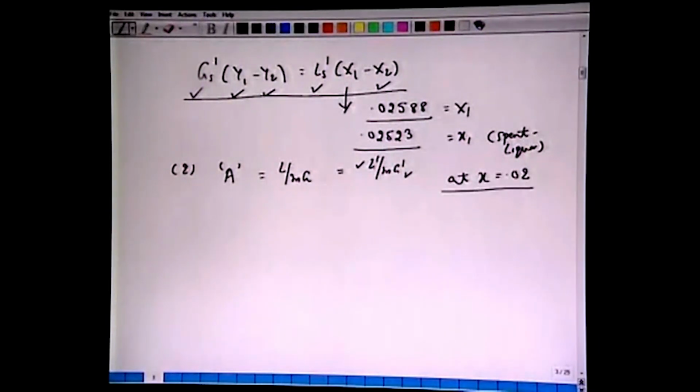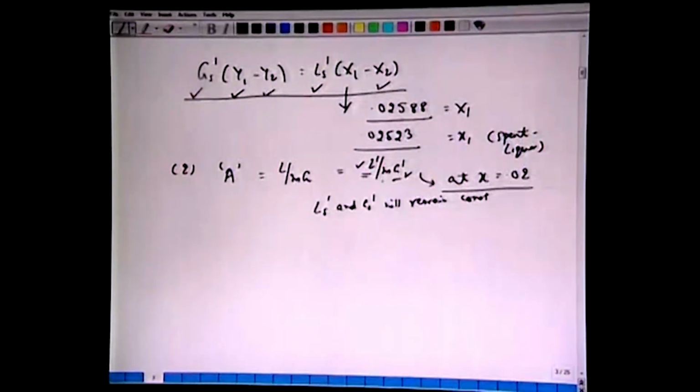So make a note here that L prime will change along the column, G prime will also change along the column. LS prime and GS prime will remain constant, but L prime and G prime will change.